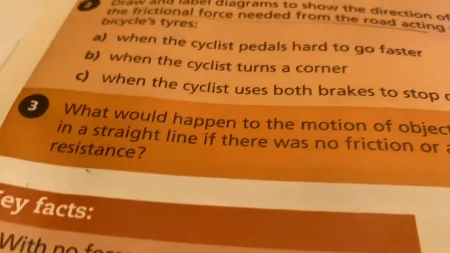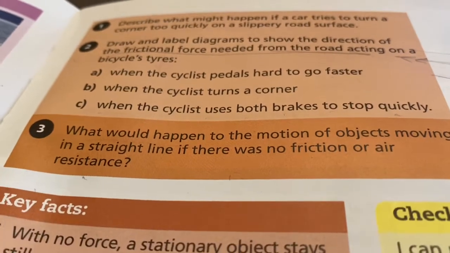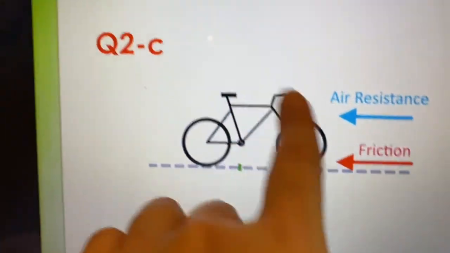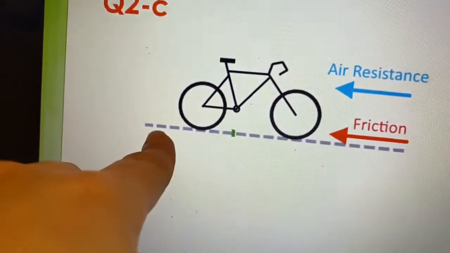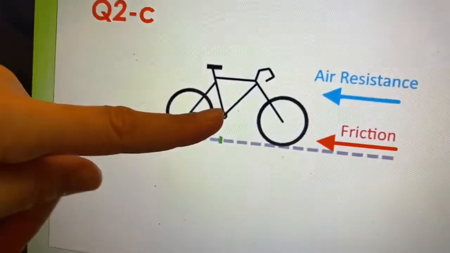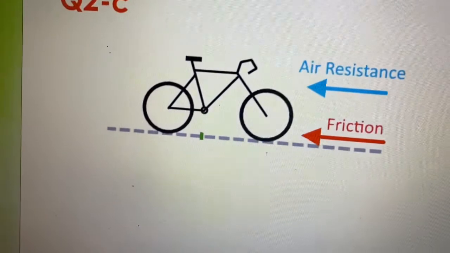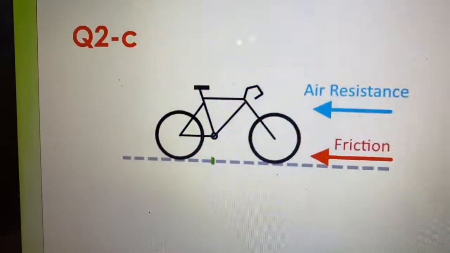Let us answer 2C. When the cyclist uses both brakes to stop quickly. You have to draw a bicycle, right? And he stops. So there is no force pushing the bicycle forward. There are two forces that will make the bicycle stop.